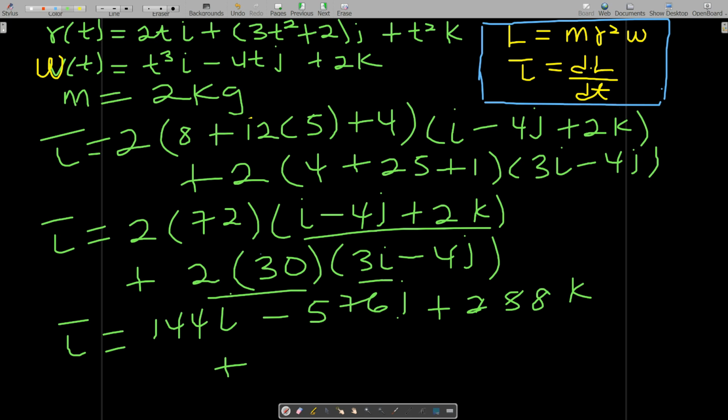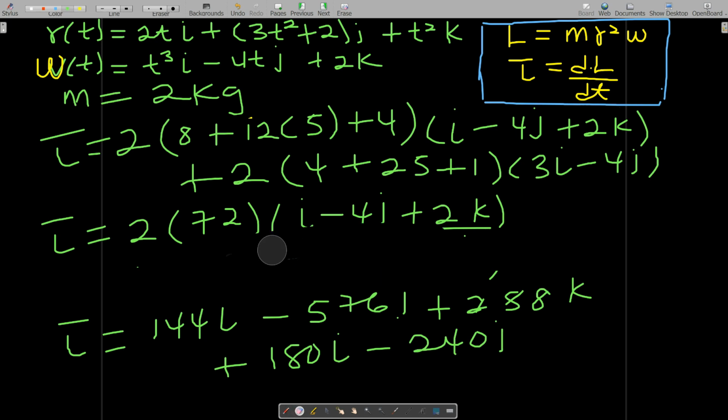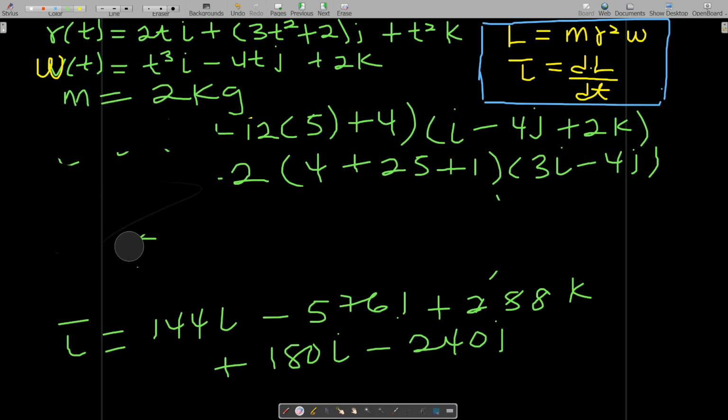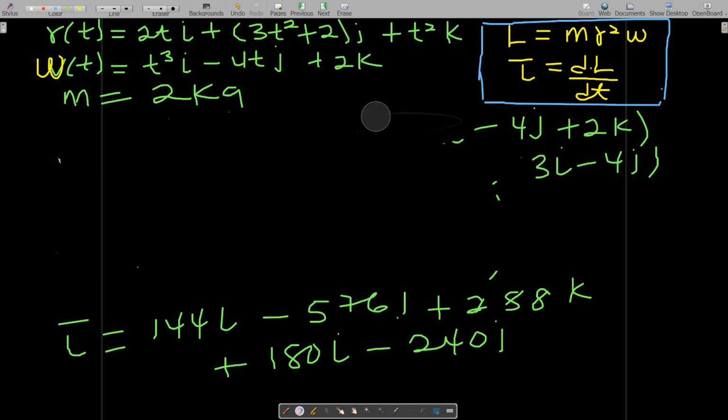Then multiply this one, so 60 times 3, you get 180, right? 180i minus 4 times 60, so 4 times 60 is 240j. Okay, so everything is becoming very easy. Now you just have to add i's to i's, j's to j's, and k's to k's if only we have some.